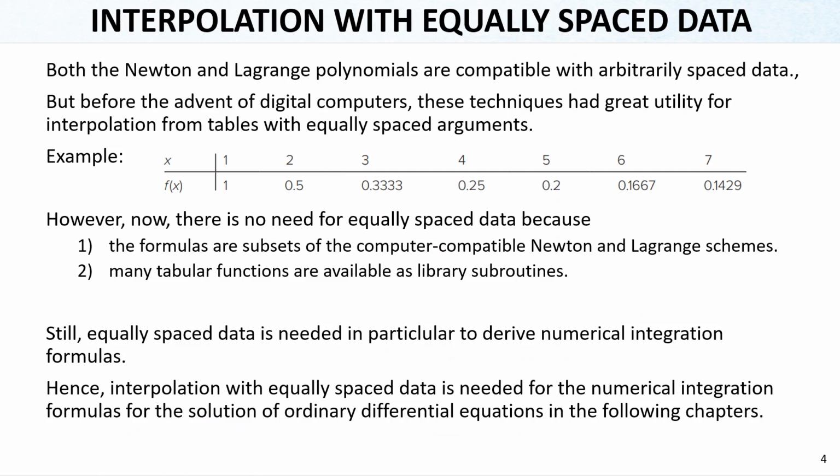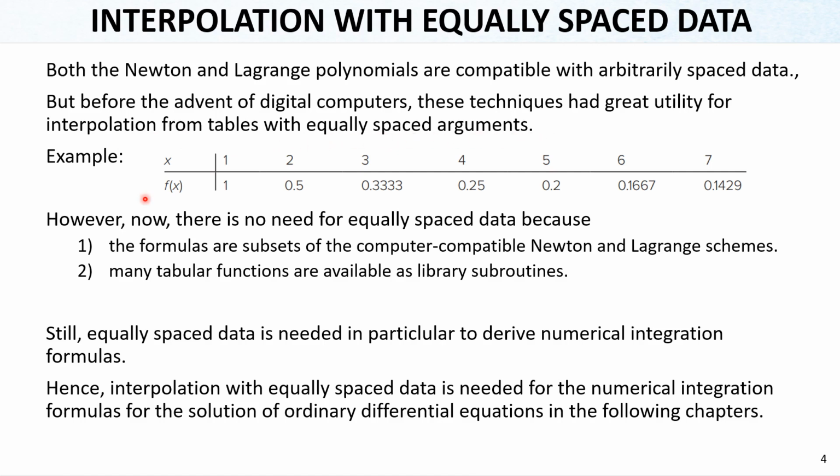In the previous slides, we mentioned equally spaced data, so let's talk about it a little bit. We said earlier that the Newton and Lagrange polynomials are compatible with arbitrarily spaced data anyway. But before the advent of digital computers, these techniques had great utility for interpolation from tables with equally spaced arguments.